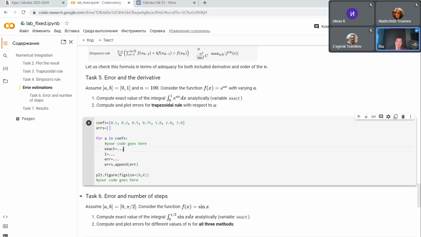We suggest you compute. No, we don't ask you to build 7 graphs. You can build one graph with 7 bins, like 7 segments, to compare the size of the error for this value of parameter a, for this value, for this value.